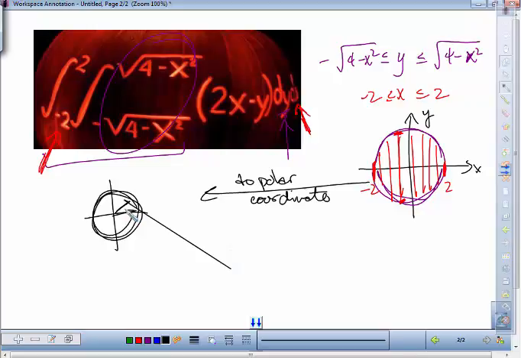And so if we think about it as r and theta, we can think about the r limits as going from 0 to the graph of the circle, which is a constant, r is equal to 2.